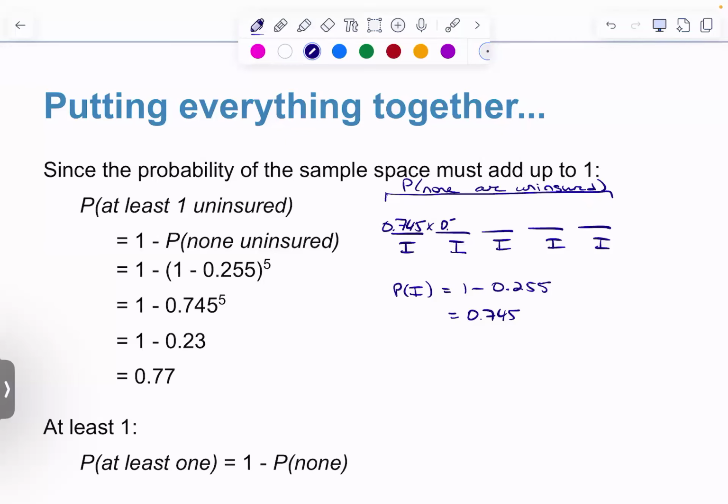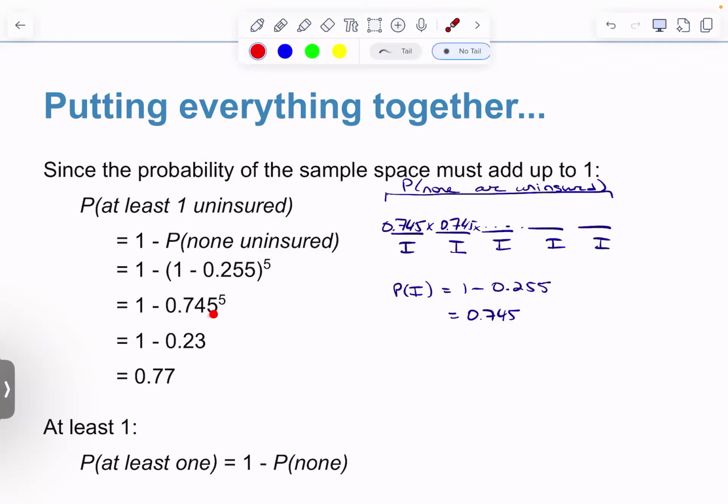And if I multiply this through, they all have insurance with a probability of 0.745. Oh, I guess it's right here. Can't resist doing the math. Then I have 0.745 to the power of 5.